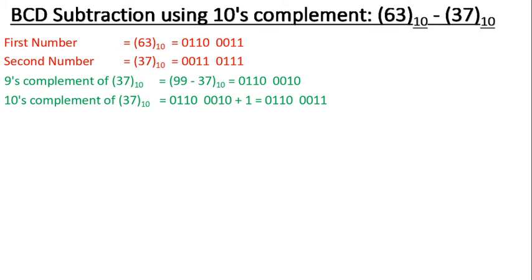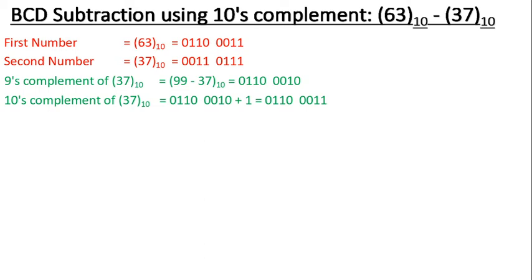Now before I proceed, let me tell you, even in binary subtraction, we cannot directly get the 2's complement. First we have to form the 1's complement, and then the 1's complement plus 1 gives the 2's complement. The same thing is applicable in BCD subtraction.